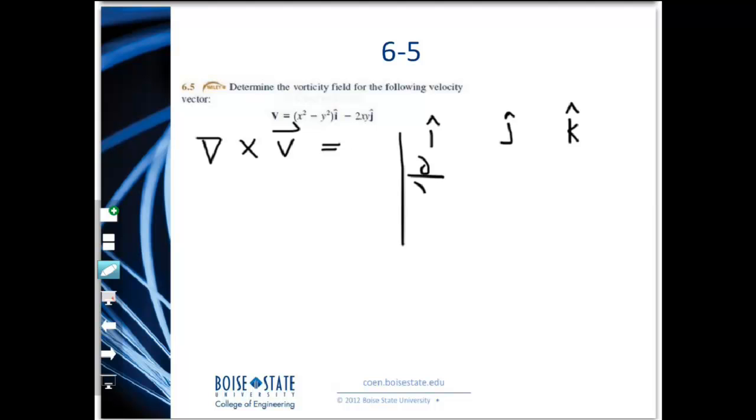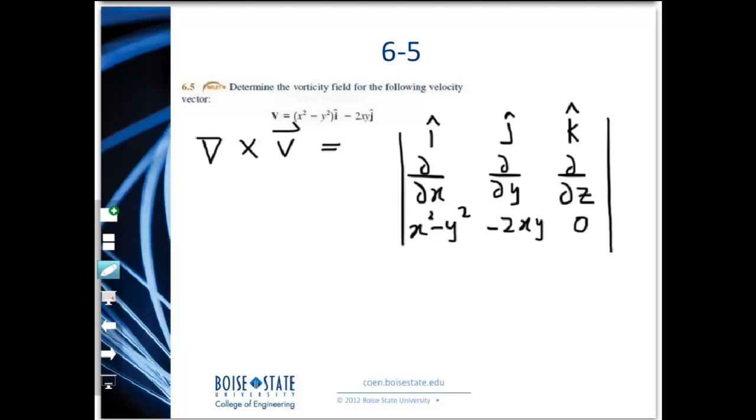So you have dou x, you can write this gradient here, dou y, dou z, and then the u component of velocity, the v component, and the z component. This is a cross product which you can compute. You're familiar with this, so let's go and compute it.